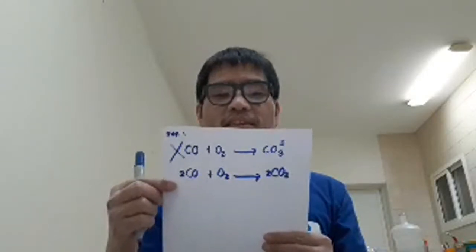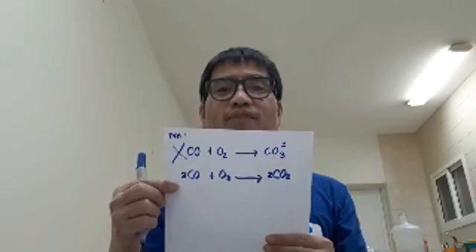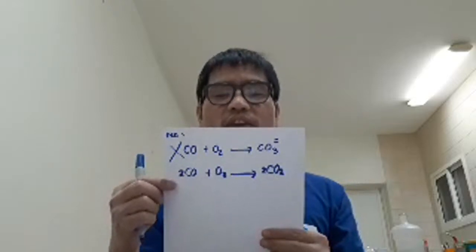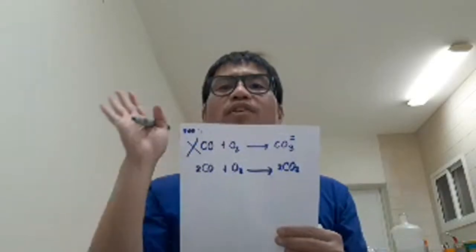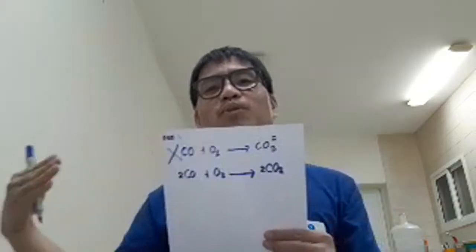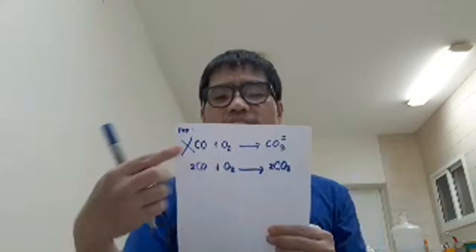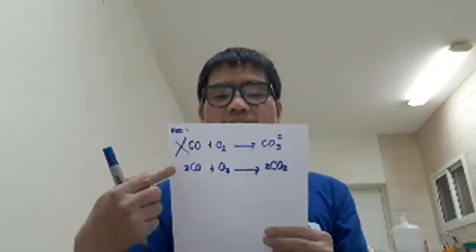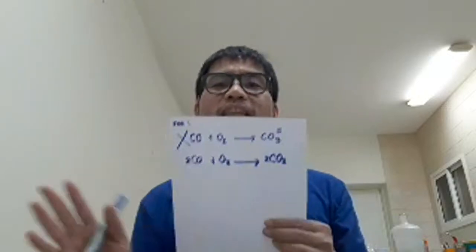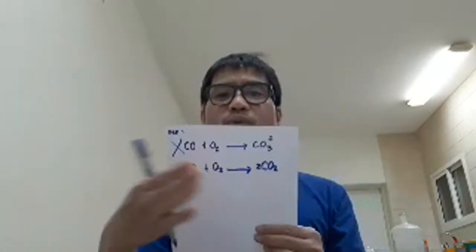In fact, this is not a reversible reaction. This is an irreversible reaction, I think so. Just analyze. Reversible reaction means if you try to invert the reaction, let's say this product will be the reactant, it will produce the same product as this. That's a reversible reaction. But irreversible, it will not be like this if you reverse the equation.